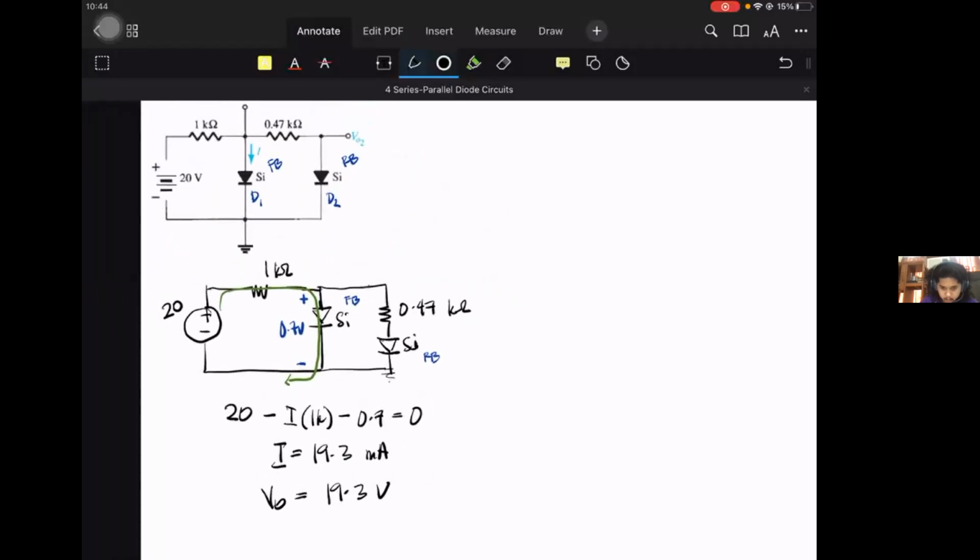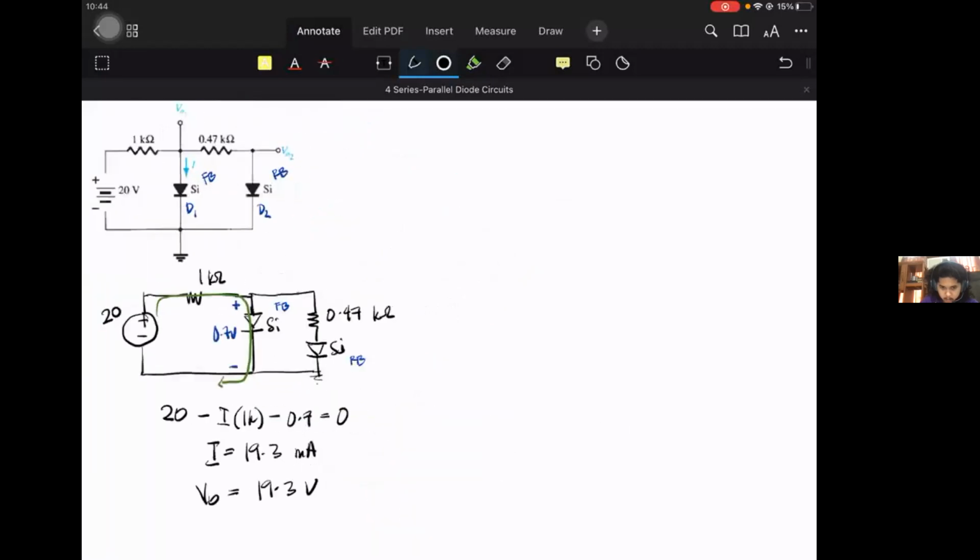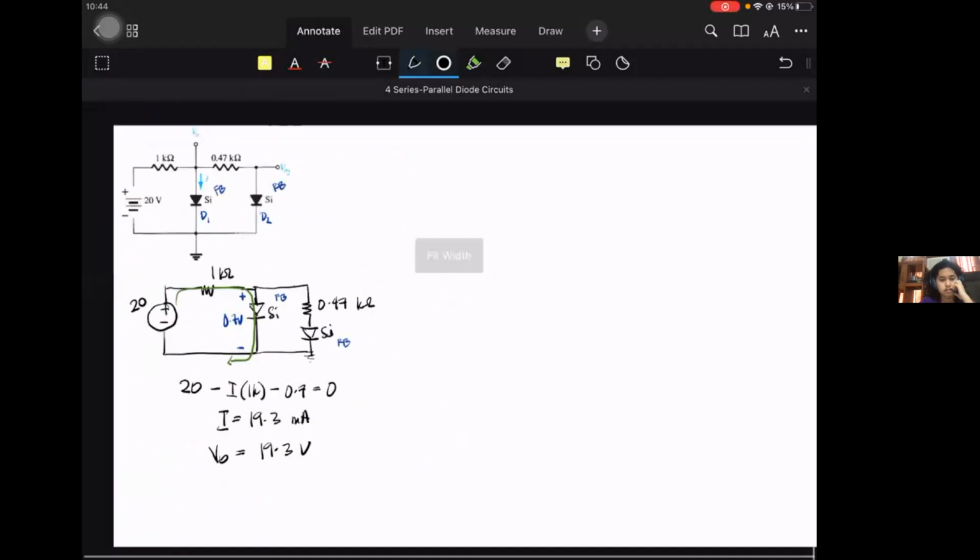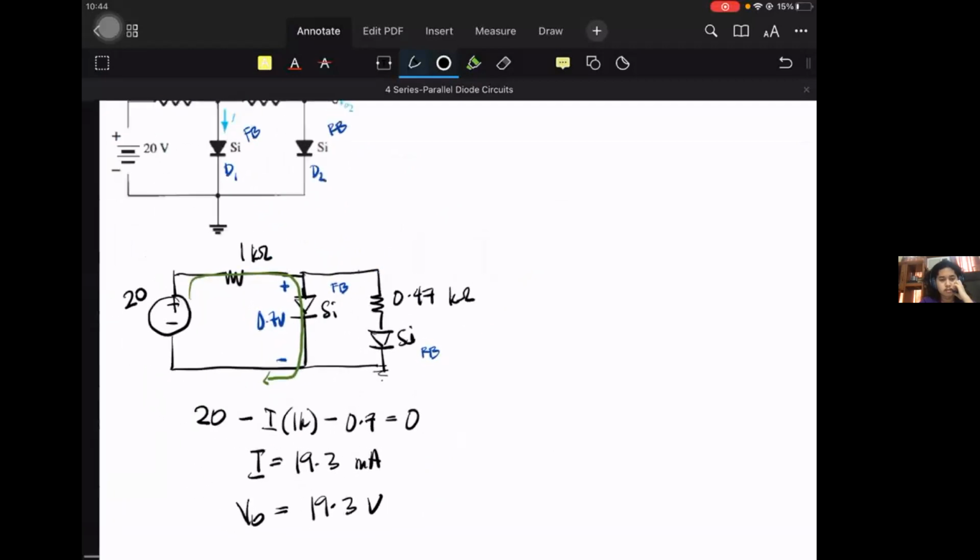Okay. Questions? If there is a part that is confusing. Is it clear that silicon diode 2 will not turn on, or is reverse bias?